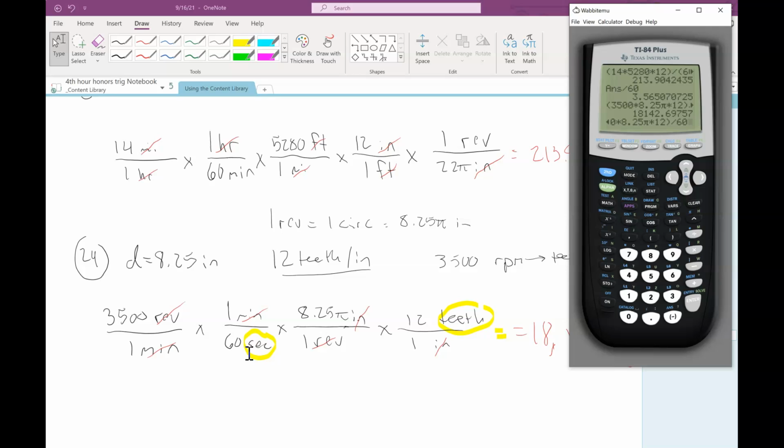I literally just bought this thing. It was $125. Should I take it to IT? You may. Okay. But let's wait till the end of class, okay?